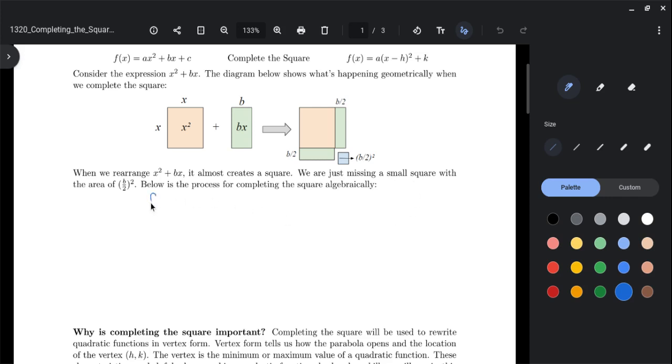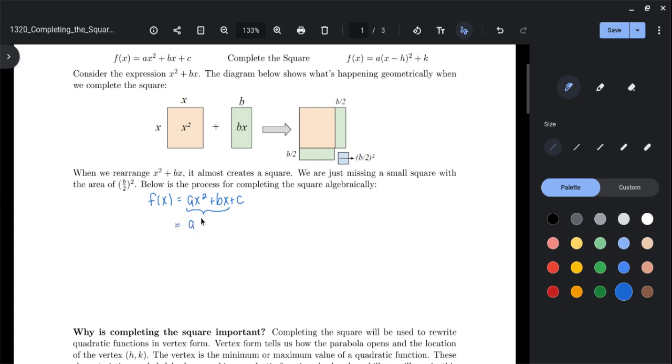So first thing is we start off with our standard form of f of x equals ax squared plus bx plus c. And the very first thing that I'm going to do, because I'm trying to complete the square and get this to look like f of x equals a times quantity x minus h squared plus k, is factor out an a in my first two terms.